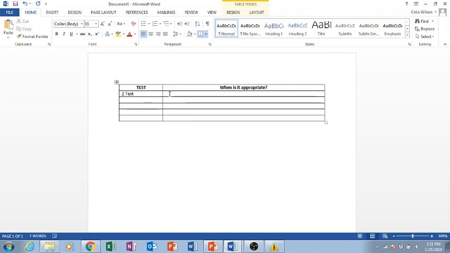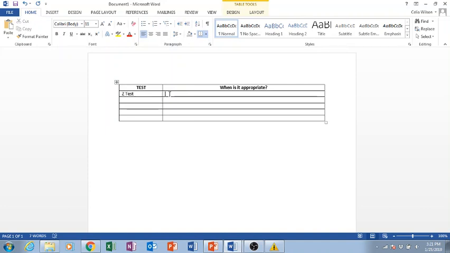So if they had dissertation data, the question to me was always, what analysis do I use? And so what I want to do is, as we go through these analyses, I want you to be aware of not just how it works, and how to interpret it, but when is it appropriate?